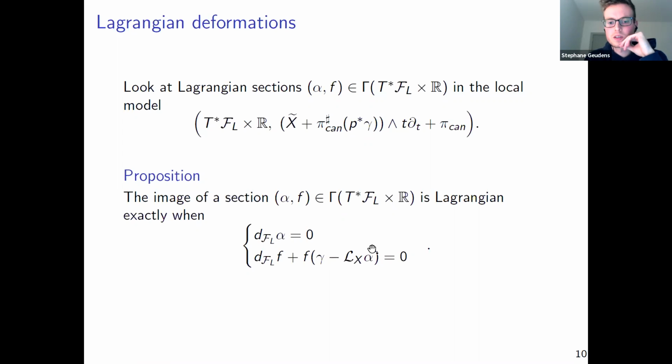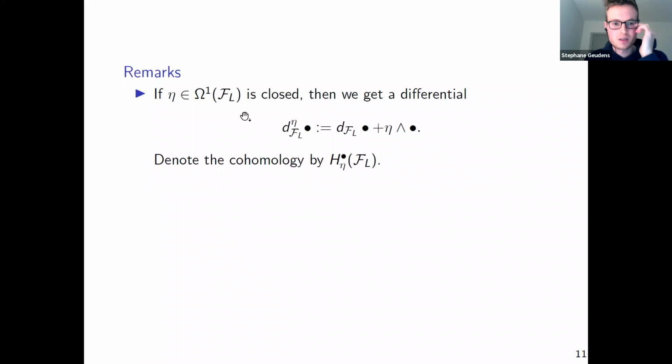So this here is a closed one form, and it's a general fact that if you have a closed foliated one form, then you can use it to define a new differential, which is the foliated differential plus wedging with this one form. And because eta is closed, this is a differential.